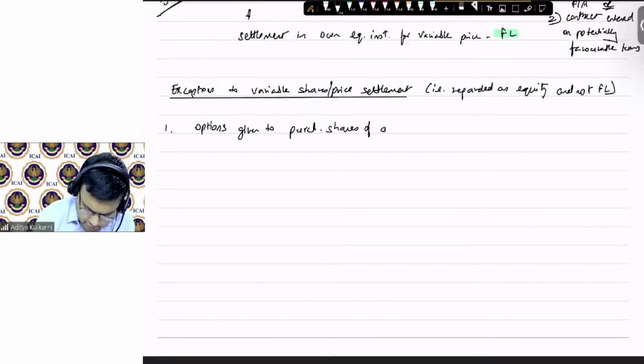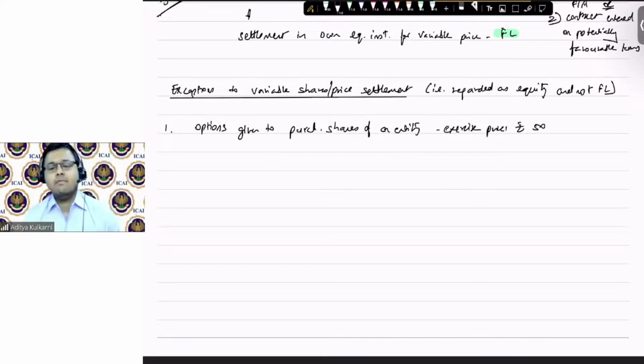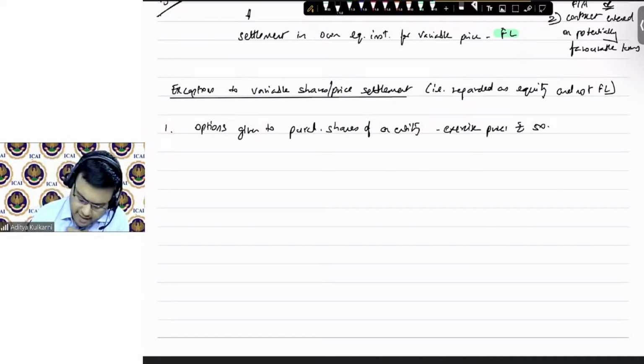In this option, the exercise price is rupees 500 to purchase one share of the company. The company is issuing the options.